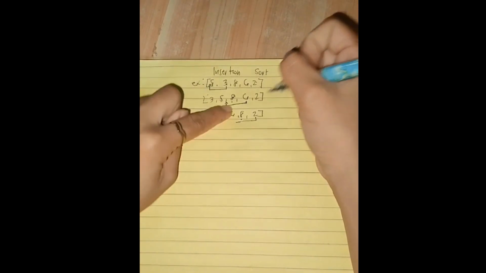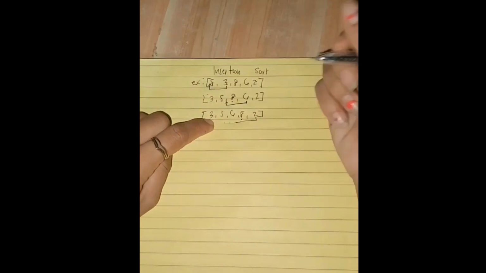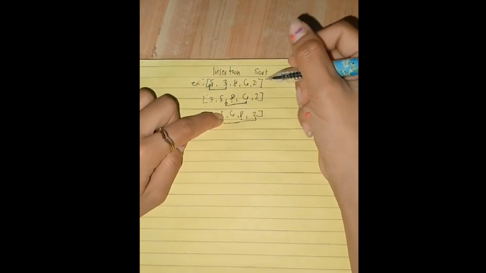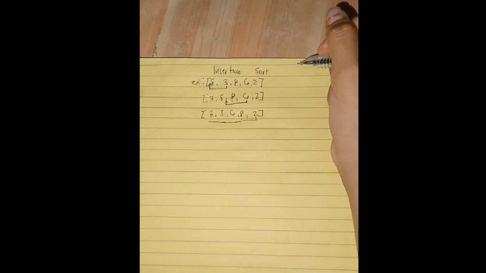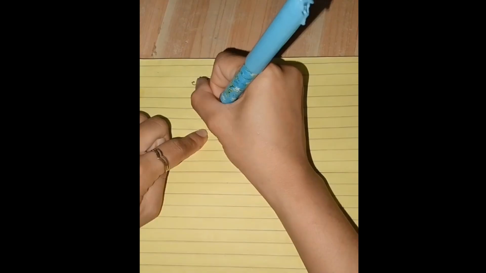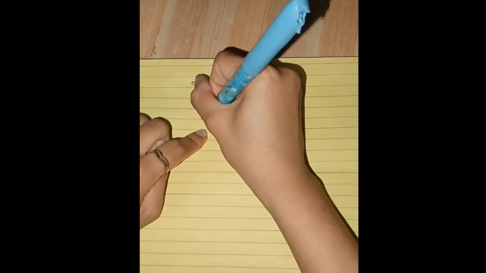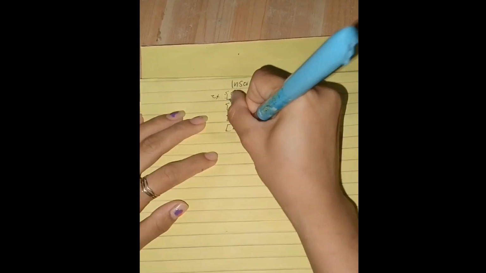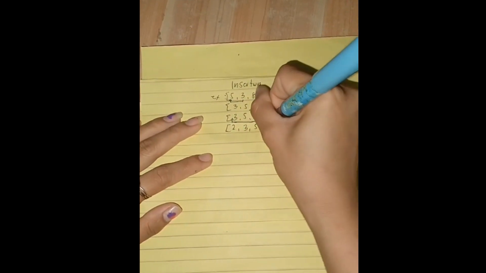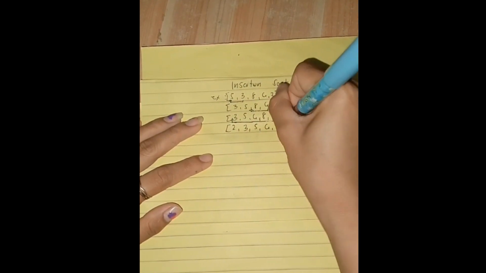Greater than si 6 kay 2, so unahan pa. Greater than man si 5, so unahan man. Greater than man si 3 kay 2, kaya sa unahan siya ni 3. Okay? We have 2, 3, 5, 6, and 8.